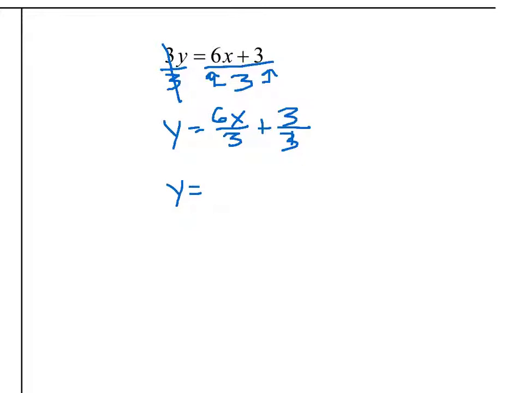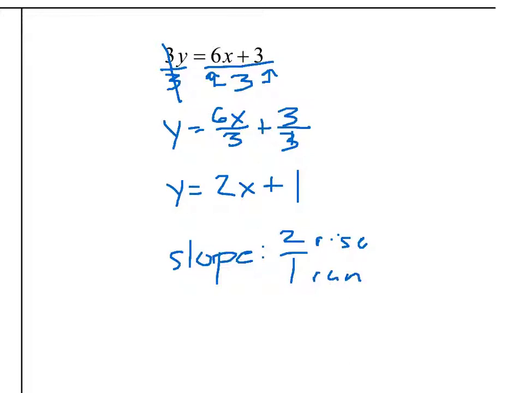How can I simplify this? Tracy, what's my equation going to be? Yeah, y equals 2x plus 3 over 3 is 1. Slope is what, Geronimo? 2 over 1. That's my rise and my run.